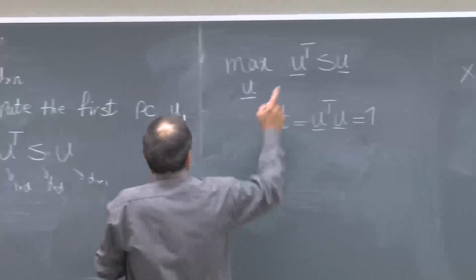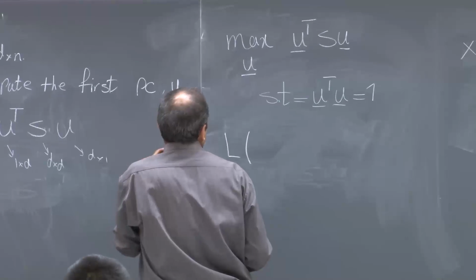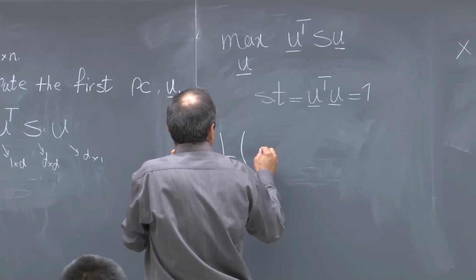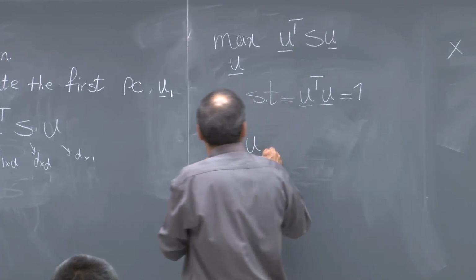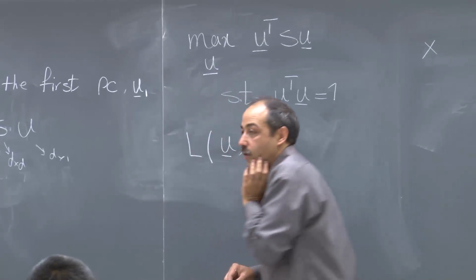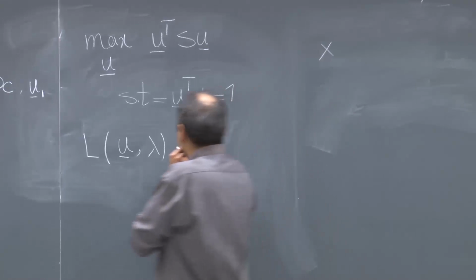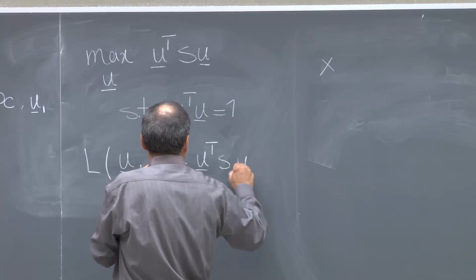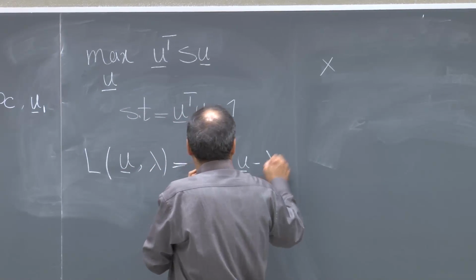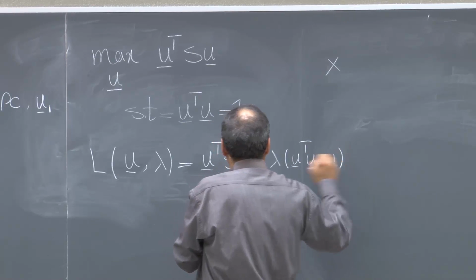I would like to find the solution here. I will write the Lagrangian. So my unknown is u. I define a new variable, a dual variable, which is lambda. So the Lagrangian would be u transpose S u minus lambda times (u transpose u minus 1).